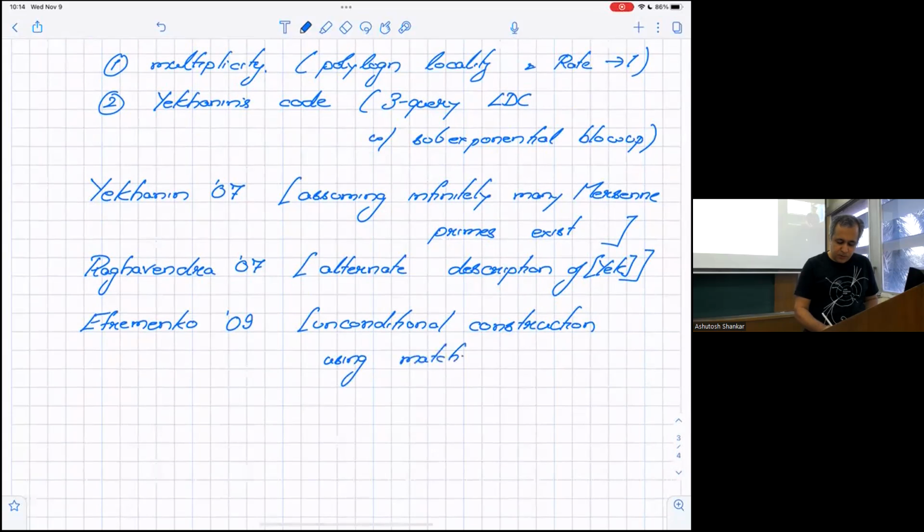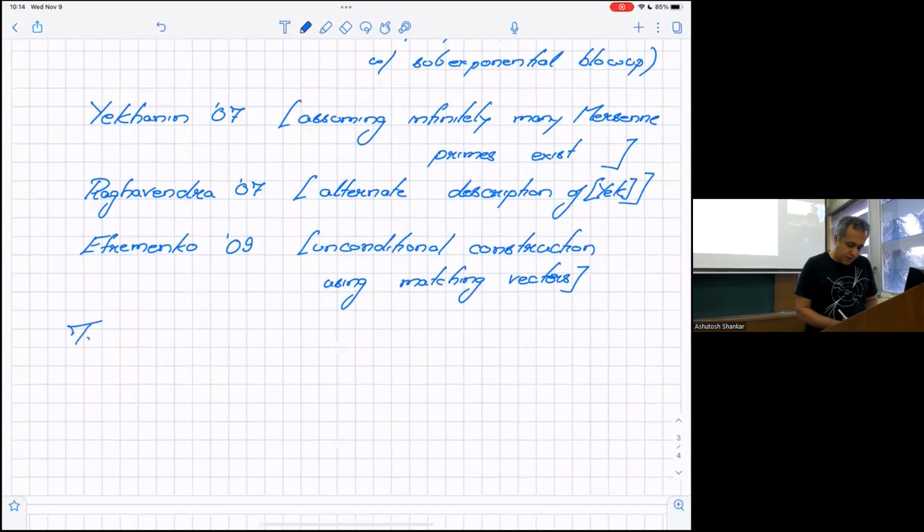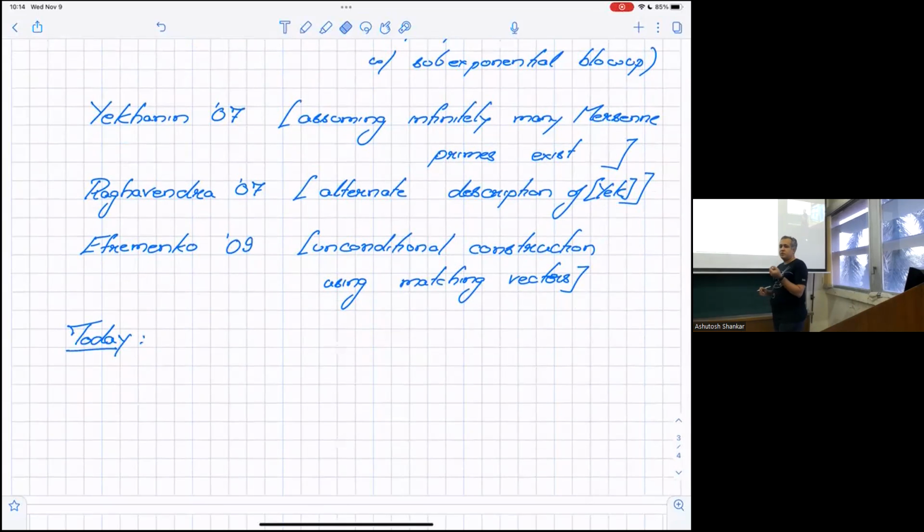We'll describe what matching vectors are. Today in class, we will see Efremenko's construction, but the description won't be Efremenko's original description.